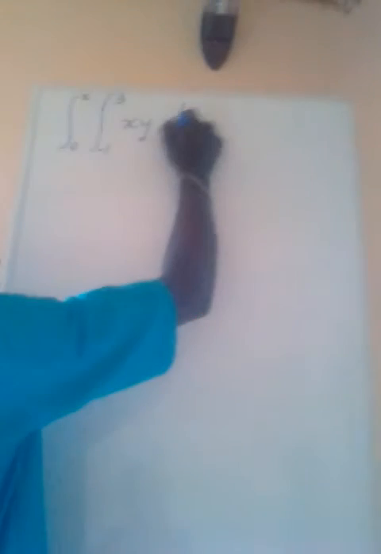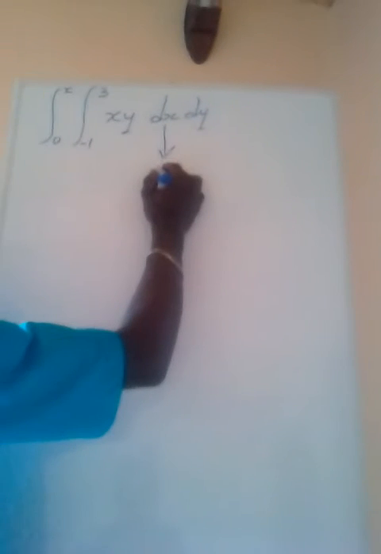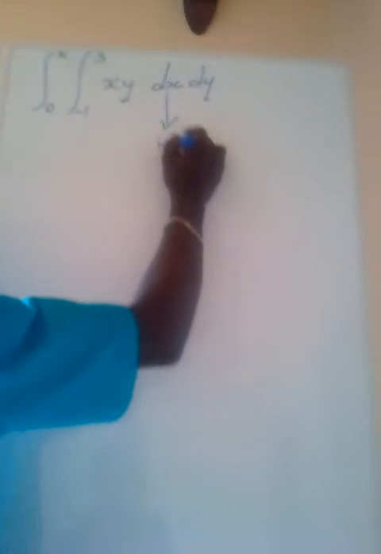If I have dx, dy as the order, this is what you call the inside. This is inside, and then this is outside.